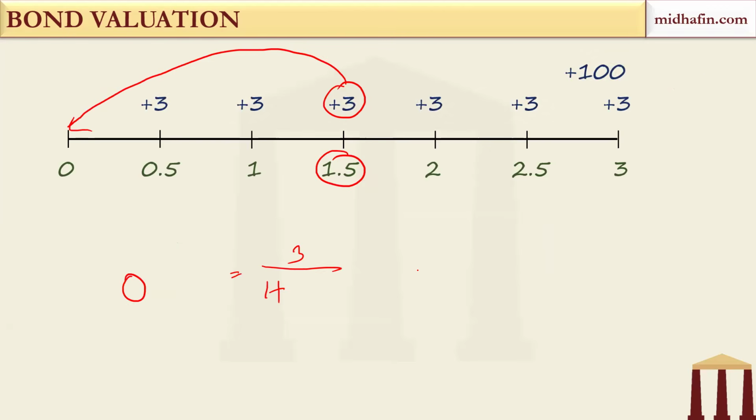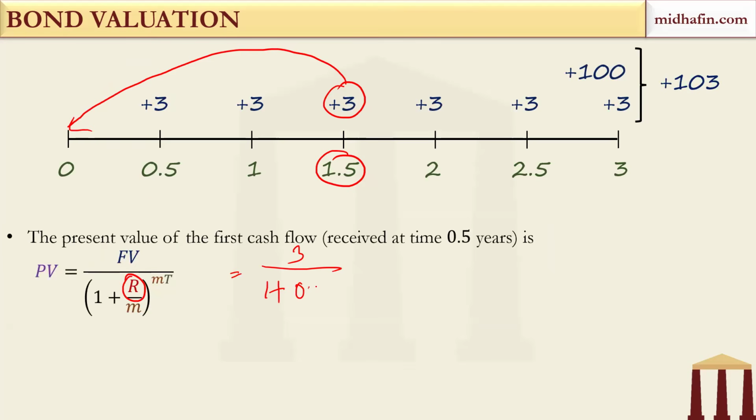So you will use this 4.4% divided by compounding frequency 2, and 2 multiplied by how many years? We are talking about 1.5. So this is how you will calculate it. We are dealing with a cash flow I receive at time 1.5, so we are taking just the third cash flow as a random example.